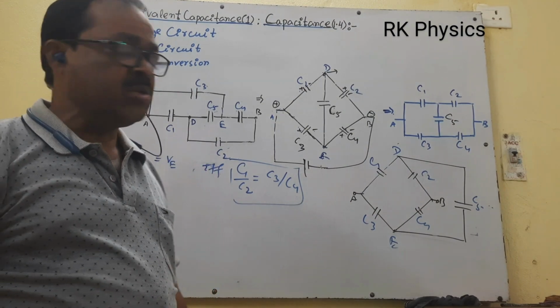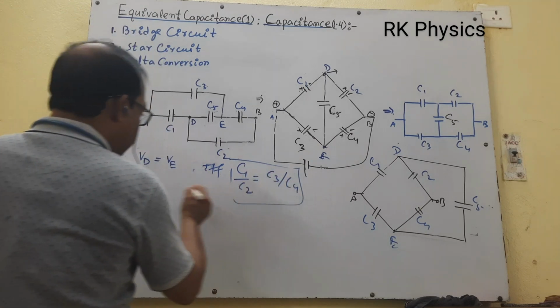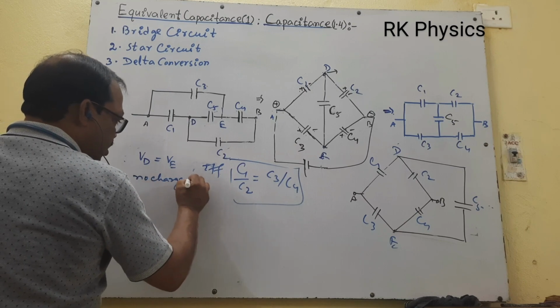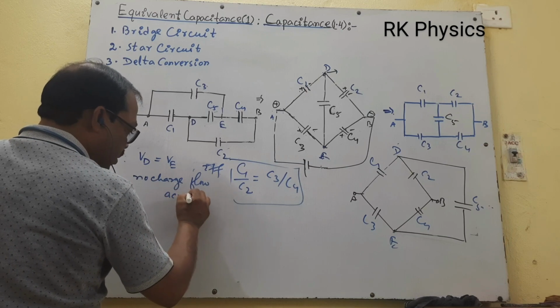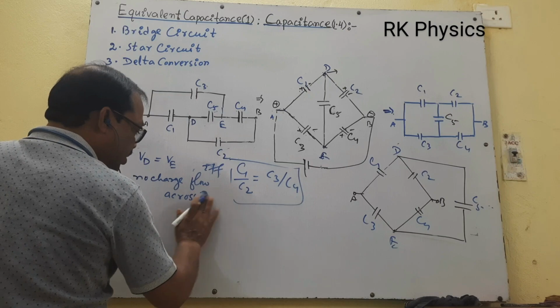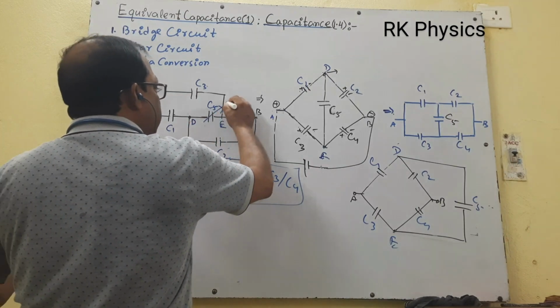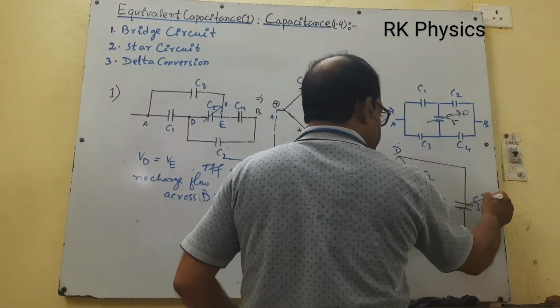In this case no charge flows across the D and E branch, therefore you can neglect this capacitance C5.